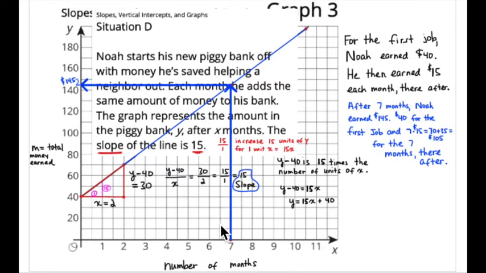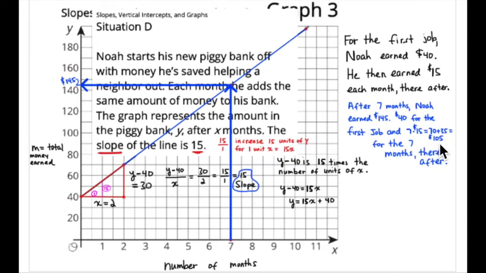All right, so one example. After 7 months, how much money does he have? Well, he has $15 for each month. So 7 times 15. 7 times 15 is right here. 7 times 15 is $105. $70 plus $35 is $105. But then remember, he has to add that $40 that he started with.